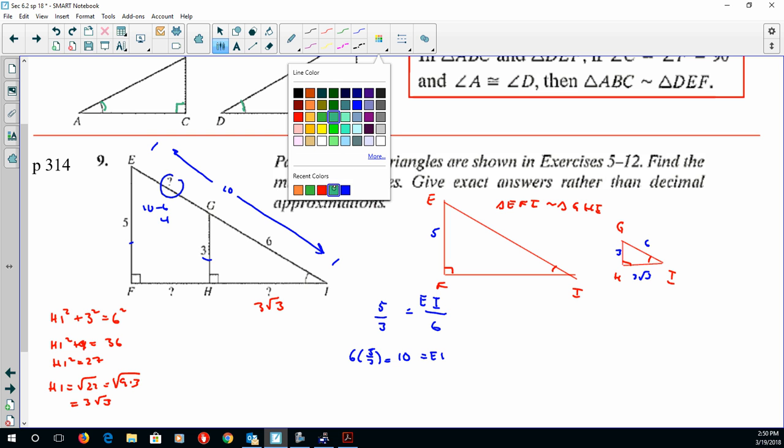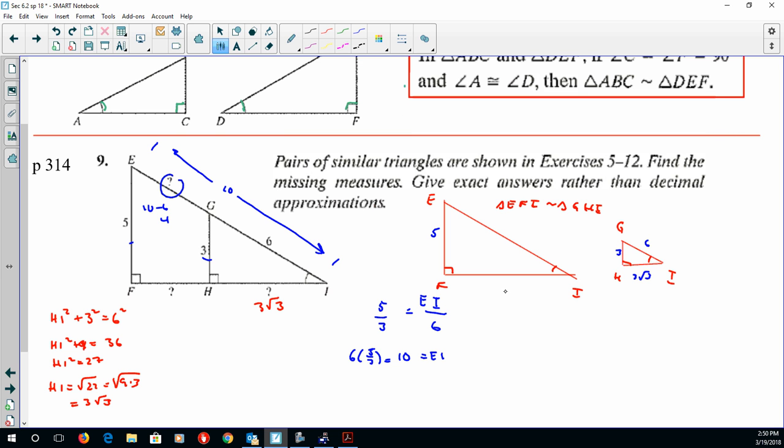The tall vertical leg divided by the short vertical leg should be the same as the long horizontal leg divided by the short horizontal leg. So multiply both sides by 3 square roots of 2.